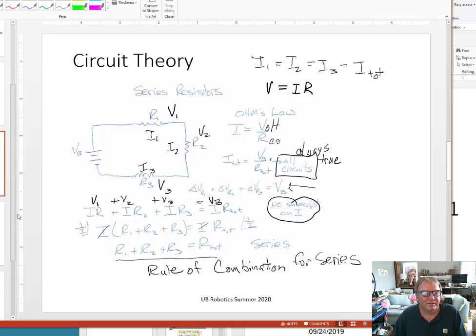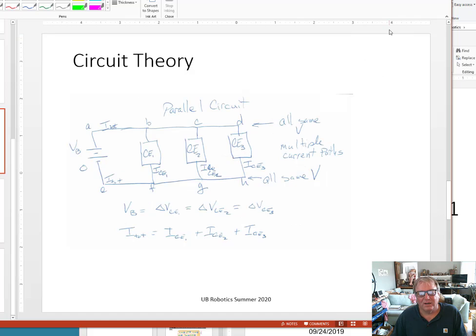What's next? So the next one is parallel. So what happens for parallel, we always say that the wire has R equals, oops, starting to write out the word equal.